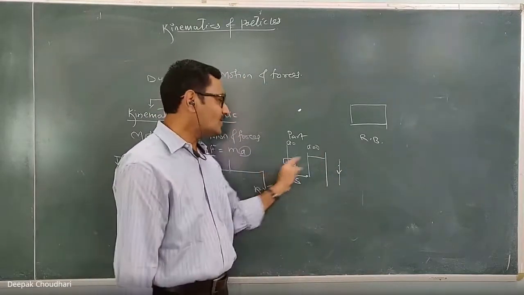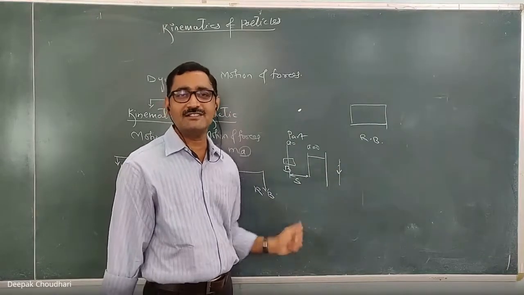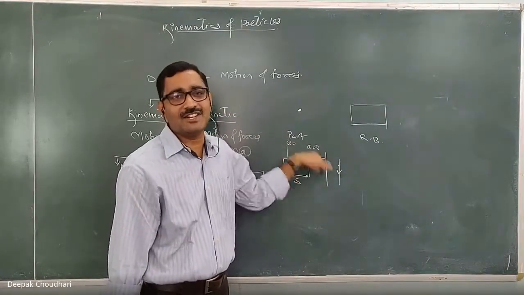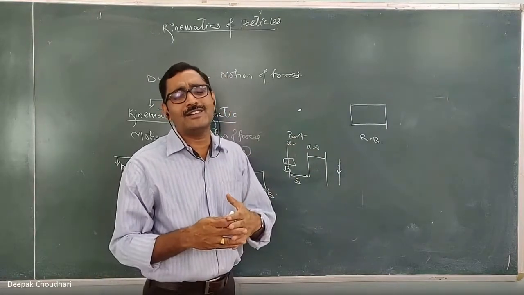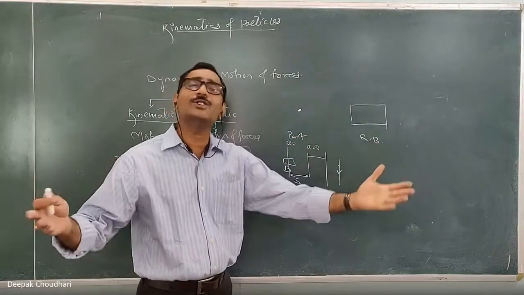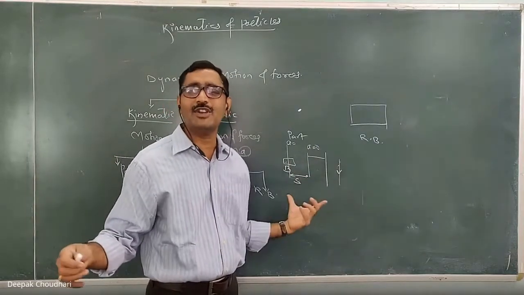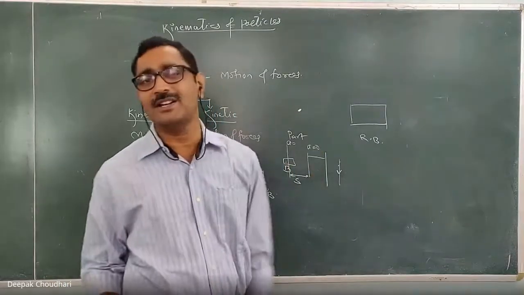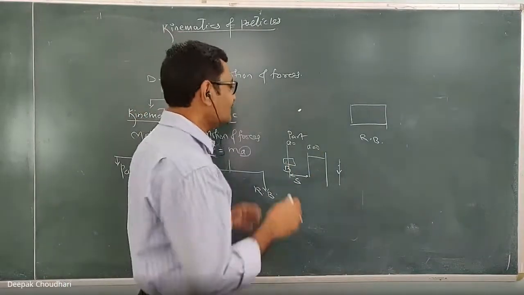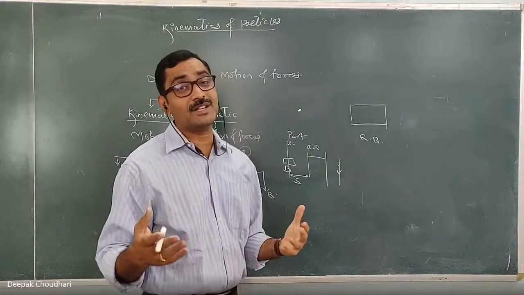To study this motion, how much time is required, how much distance is covered, what is the acceleration, what is the intermediate velocity, you don't need to consider the length of the train. The length of the train is an irrelevant dimension for that physical phenomenon, and in such cases we can consider that train as a particle. So a particle is a dimensionless object, whereas a rigid body has certain dimensions.